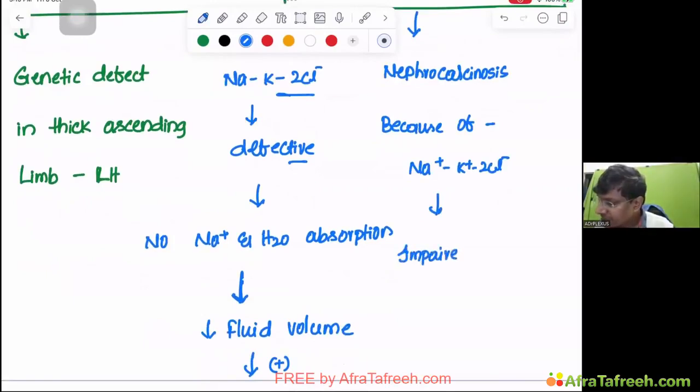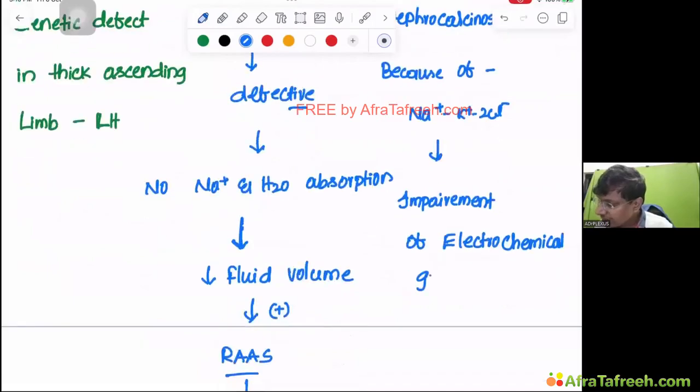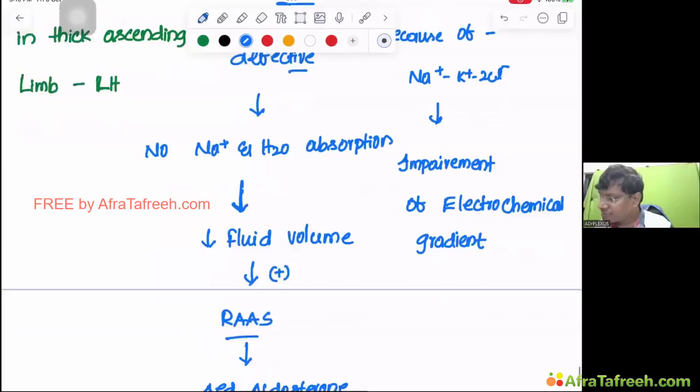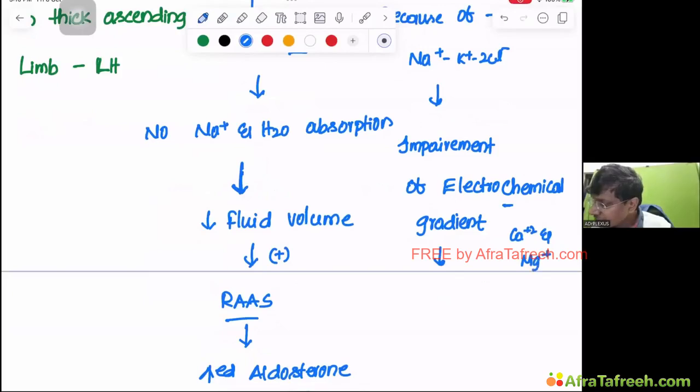And this electrochemical gradient is the one which is required to absorb the calcium and magnesium. Okay. So this electrochemical gradient is necessary for calcium as well as magnesium reabsorption.